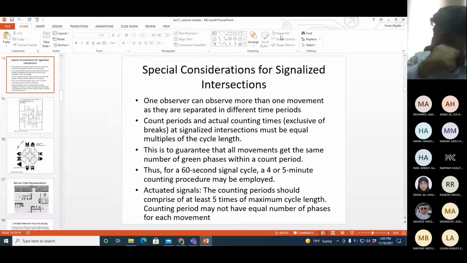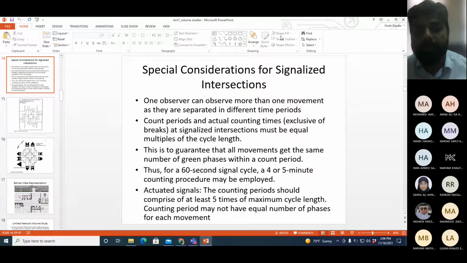For example, if your cycle length is 60 seconds, 60 seconds means 1 minute, right? So if your total counting period is 2 hours, no problem. It's a multiple of 1 minute. 2 hours is 120 minutes. And if you are giving breaks, and after the breaks the actual counting period is left 1.5 hours, that is also good.